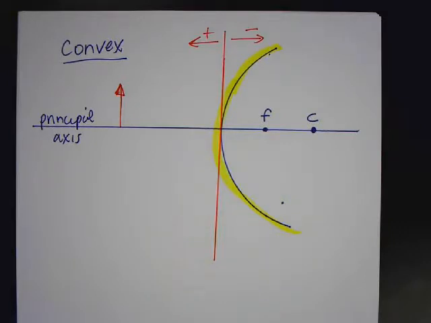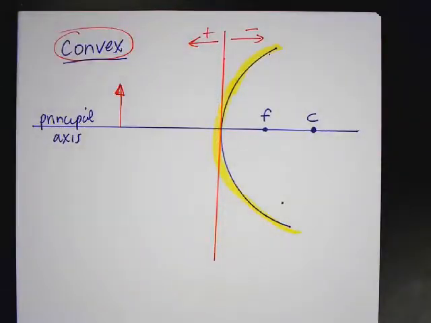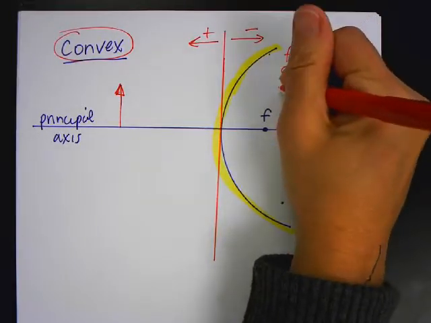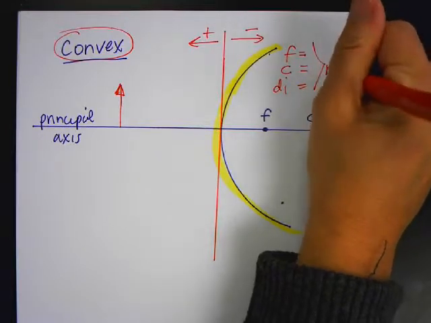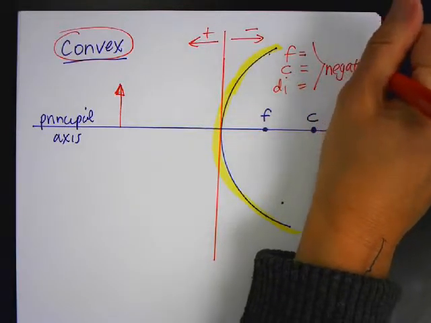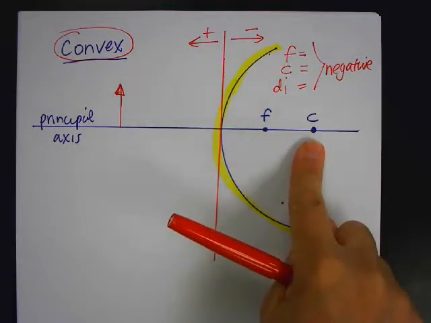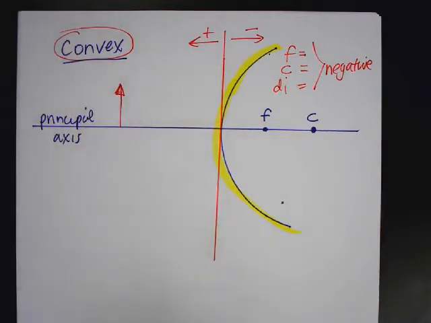So when we do convex and you're writing your given, F, C, and DI are all going to be negative. Does everyone see that? Because they're on this side, not on this side. This side is positive. All right?